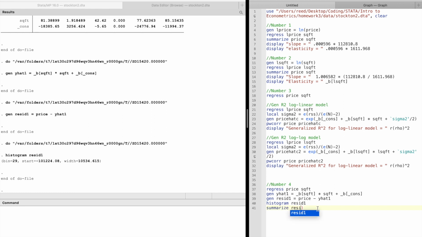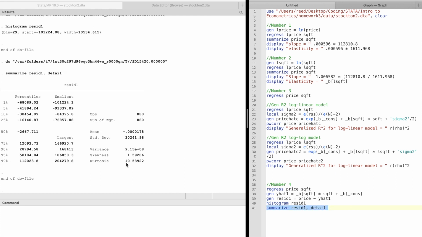First we want to summarize the residuals, with detail. And then from that command we can calculate our Jarque-Bera statistic. And you can find this formula in your notes.